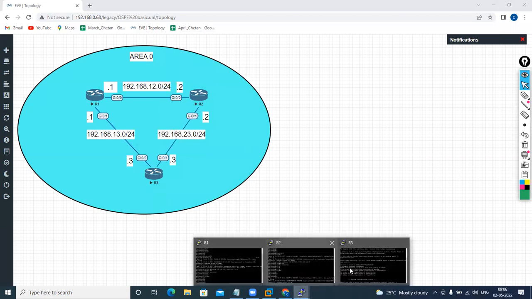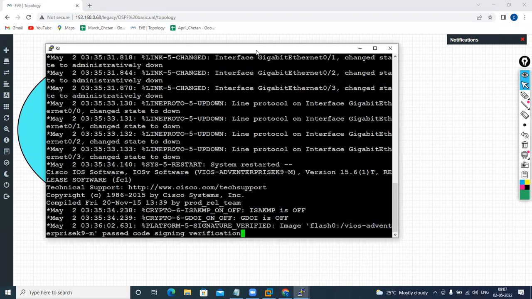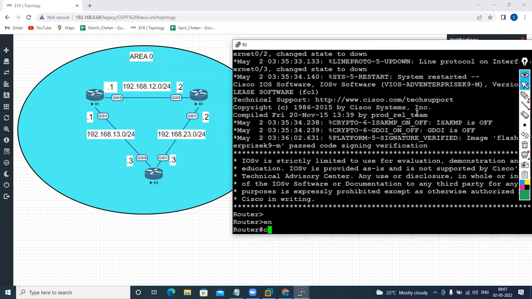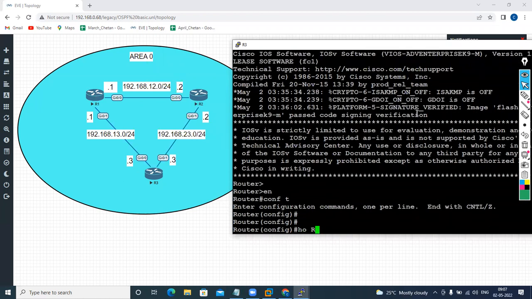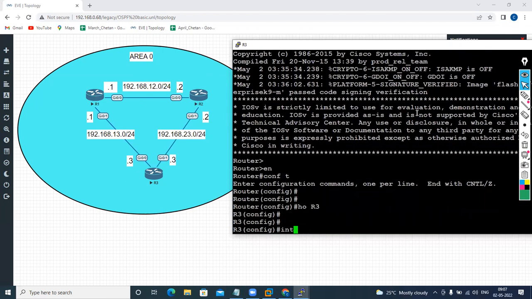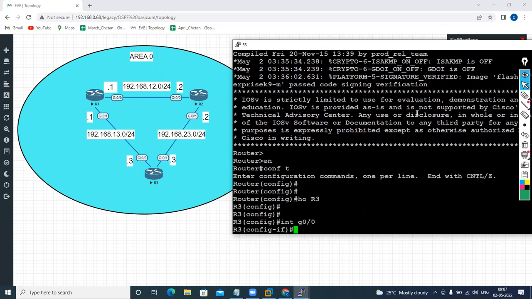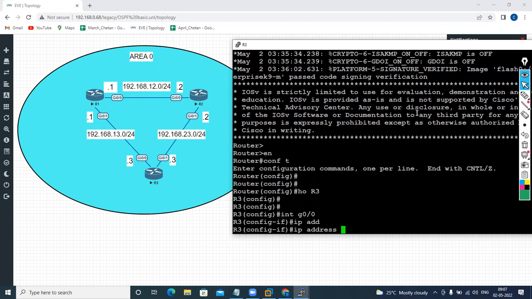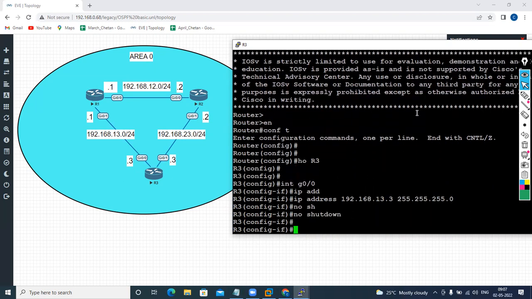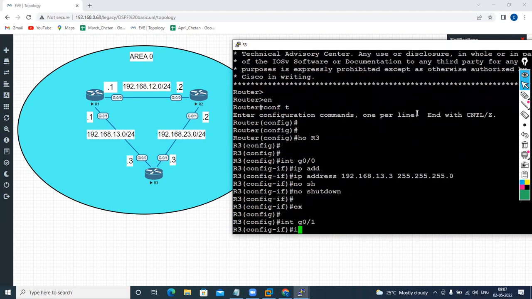So go to R3. Interface 0/0. IP address will be 192.168.13.3/24. Interface 0/1.